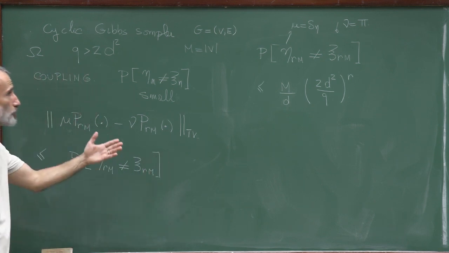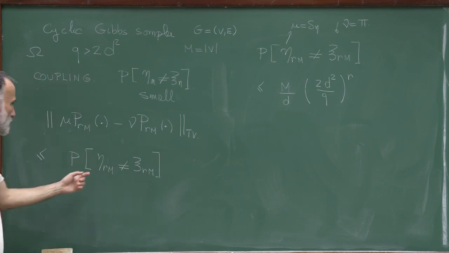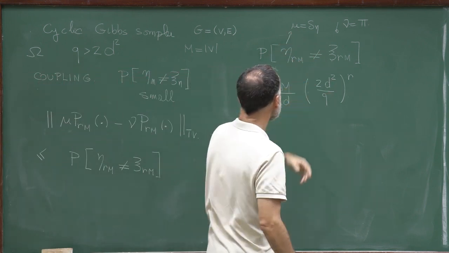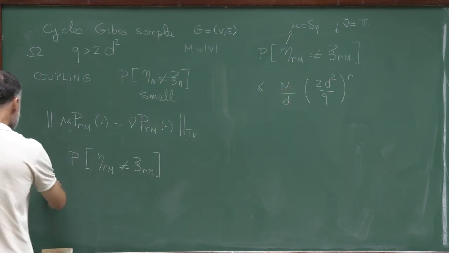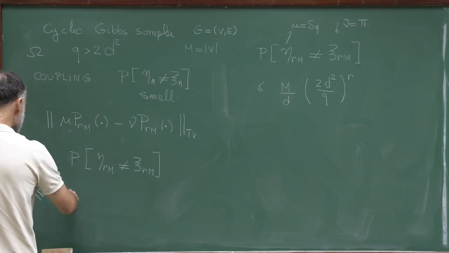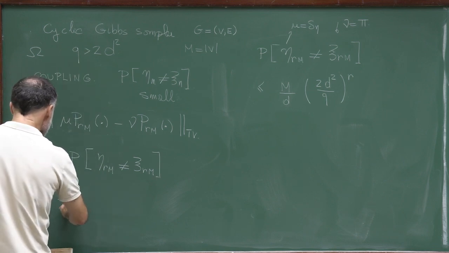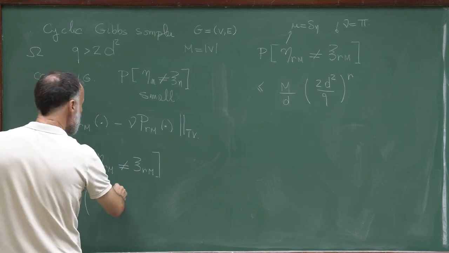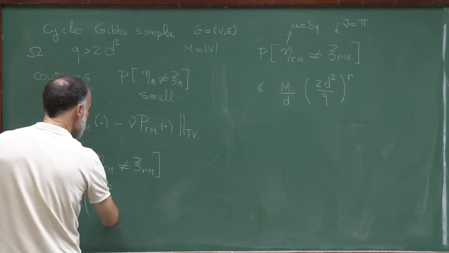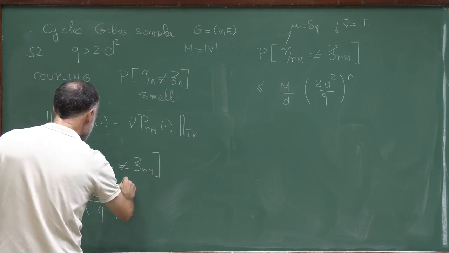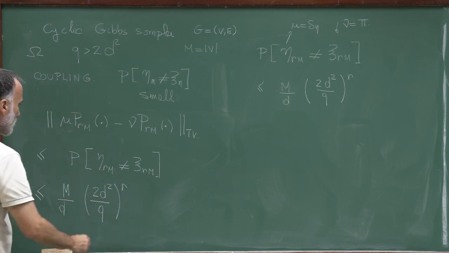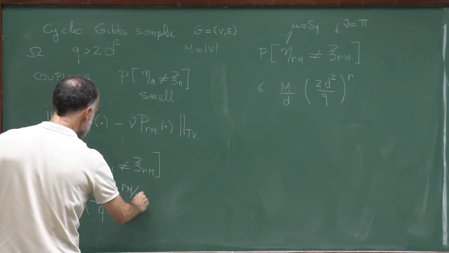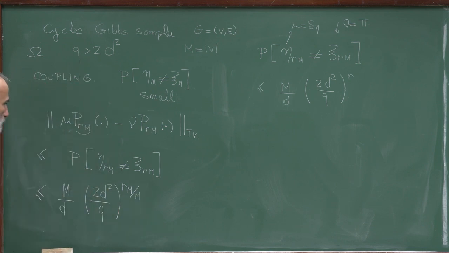Observe that in this argument, in my construction, I never used the initial condition of eta or of psi, so I can just take any initial condition, and this is bounded by m to the d, 2d squared divided by q to the power r. So I can write this as Rm and divide that by m, and this is exactly what's appearing here.